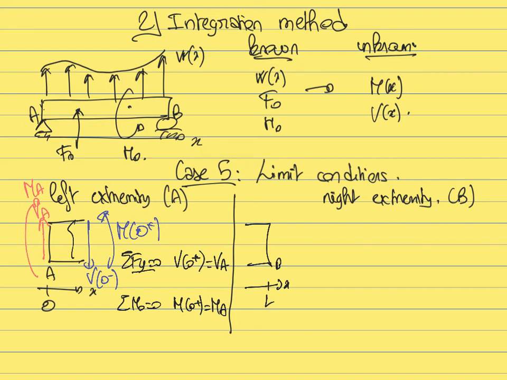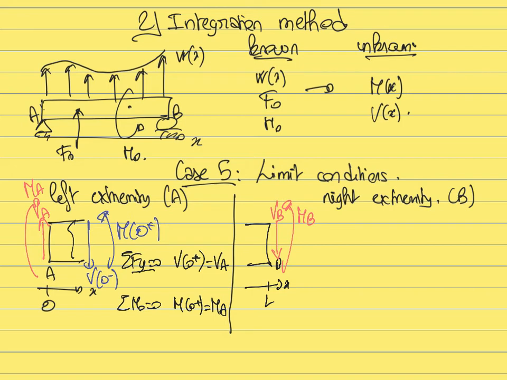At the point B, you may have a shear force, and this time I'm going to write it going down because that's the sign convention we expect for the internal shear. You can also expect a concentrated moment, for example, if the beam is attached to a fixed support at the point B. This time I'm going to write it anti-clockwise because this is the sign convention that we expect for the internal moment.